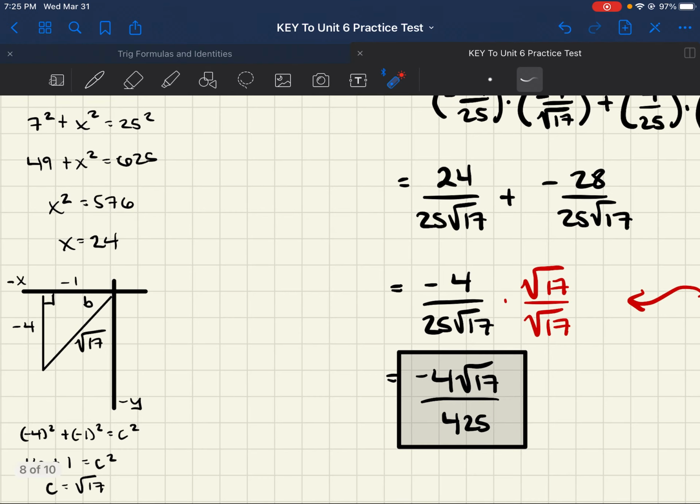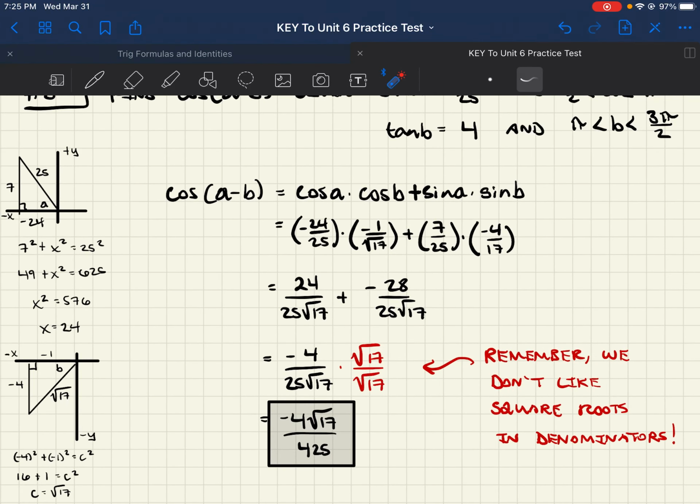Now we're going to use these triangles to calculate cosine of A minus B. Following the formula, cosine of A minus B is cosine A times cosine B plus sine A times sine B. Looking at triangle A, cosine of A, adjacent over hypotenuse, is negative 24/25.